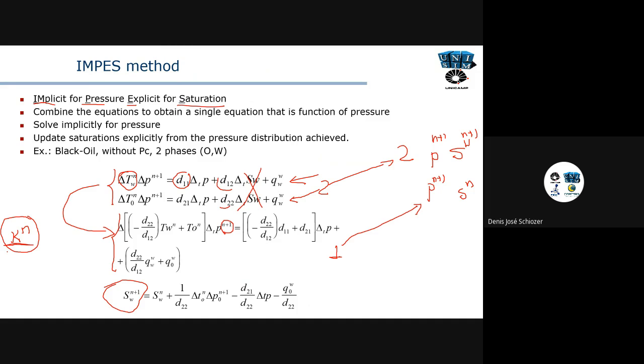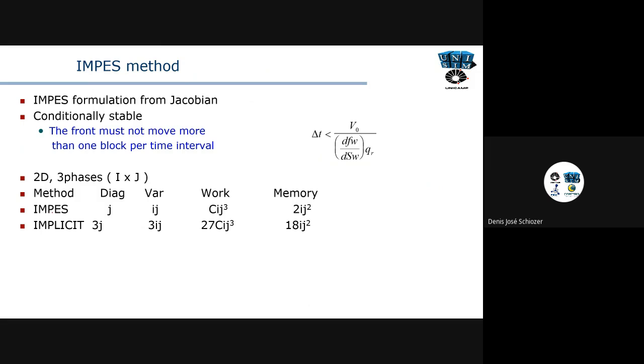And if I use an implicit simulation, I expect faster solutions, and I have to select the best one. Just to give you an idea of how much faster: in an explicit solution, the amount of calculations we have to do is proportional to this variable here, C, I, J, where I and J are the dimensions of the grid.